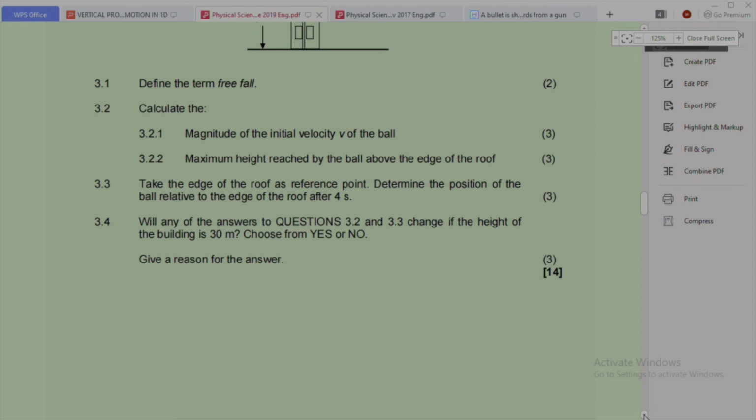Now it says calculate the magnitude of the initial velocity v of the ball. Now, what do we know? Again, let's start with what is known. We know our a will be negative 9.8 meters per second squared.